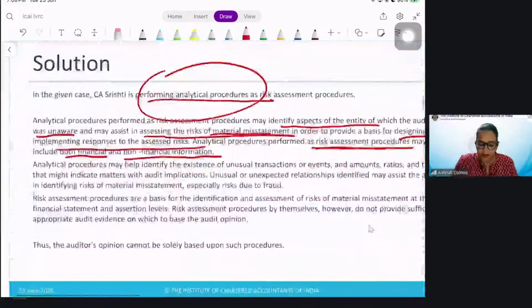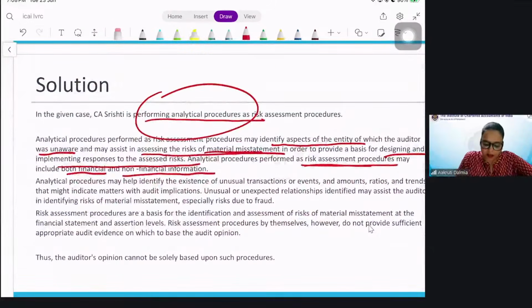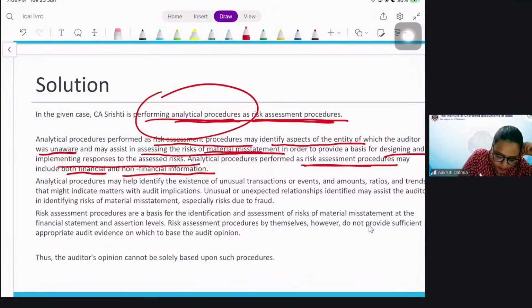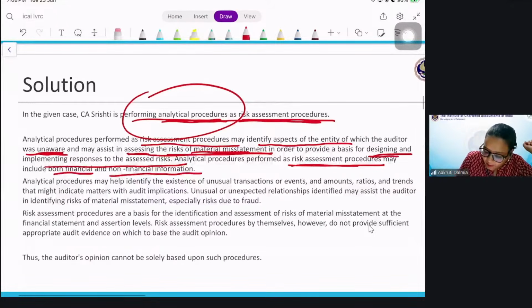So let's come here. That is why they are again and again saying Srishti is performing analytical procedures as risk assessment procedures. Analytical procedure can be performed as risk assessment procedure to identify aspects of entity of which auditor was initially unaware, and this can help in assessing the risk of material misstatement to provide a basis for designing and implementing response to assessed risk.